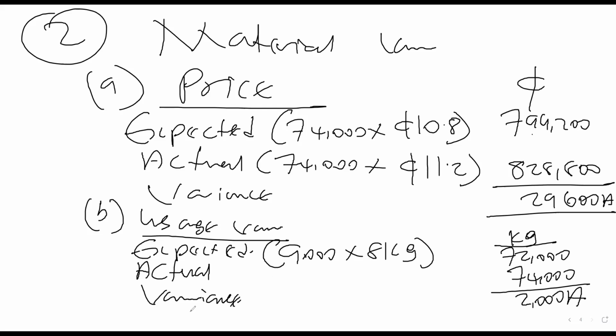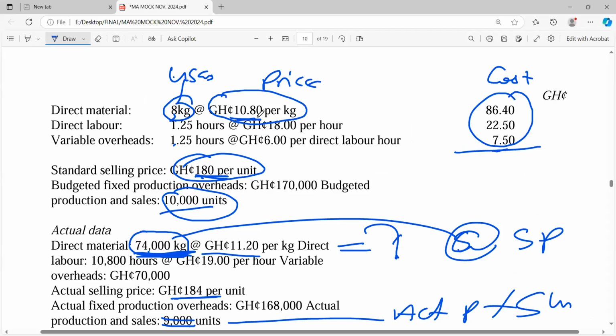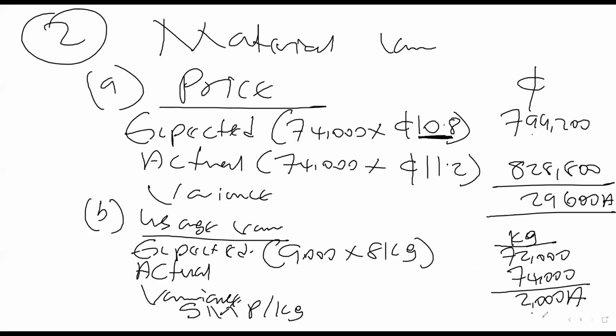Convert it to money. Here we have a variance in terms of kg, multiplied by the standard material price per kg. What's the standard material price per kg? 10.8. You have it here, and if you go to question two, you can also get it in the question. So you multiply by the standard material price, which is 10.8.